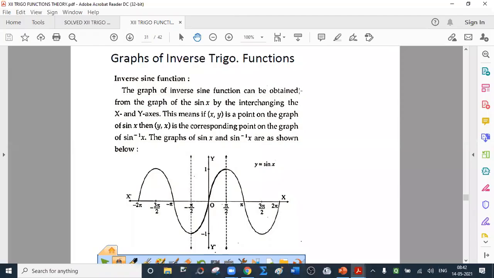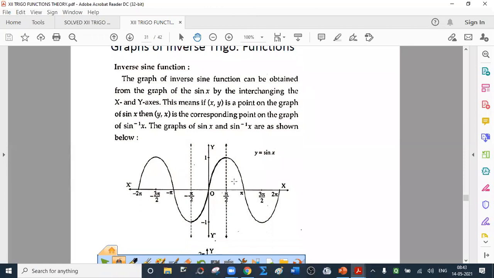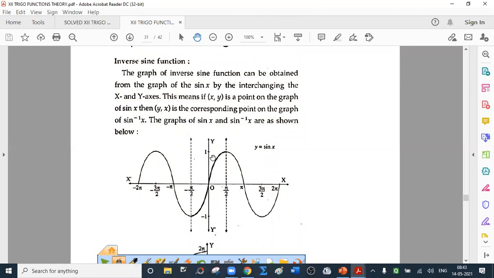Now the next part is graphs of inverse trigonometric functions. First, sine function. We have already discussed graph of sine function. We know that as it is, sine function is onto but not 1 1. So we restrict the domain as closed interval minus pi by 2 to pi by 2 so that it becomes 1 1.